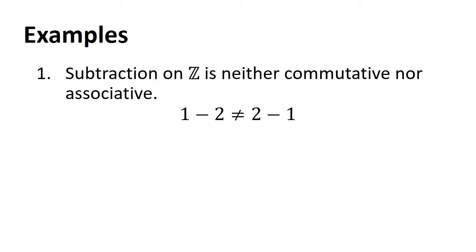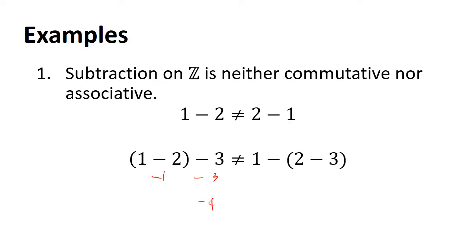How about associativity? If we subtract 3 from the difference of 1 and 2, we get 1 minus 2 is negative 1, and negative 1 minus 3 is negative 4.